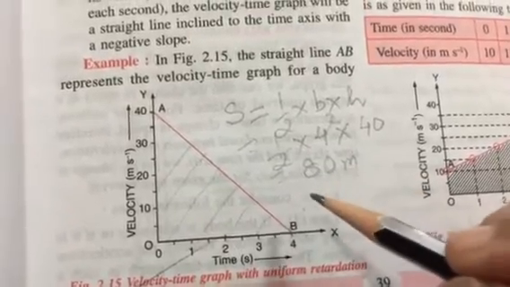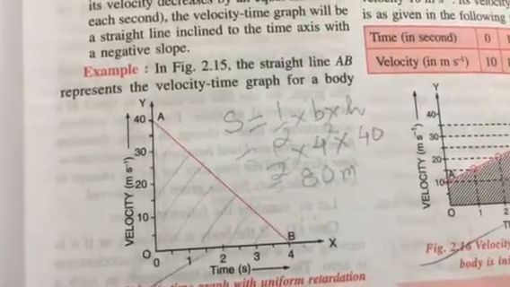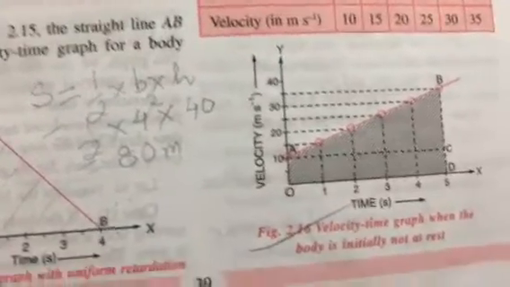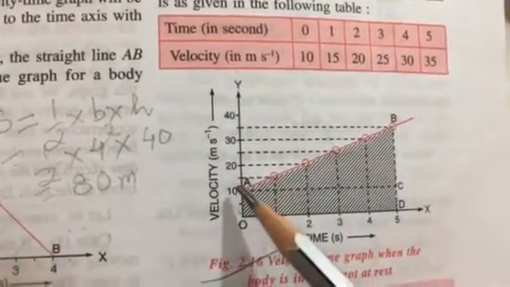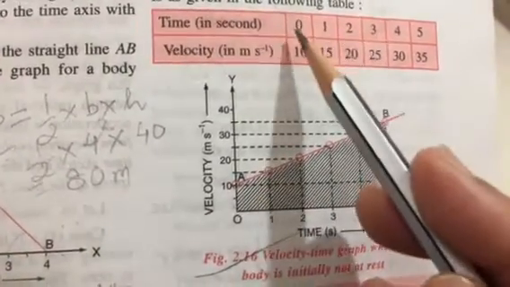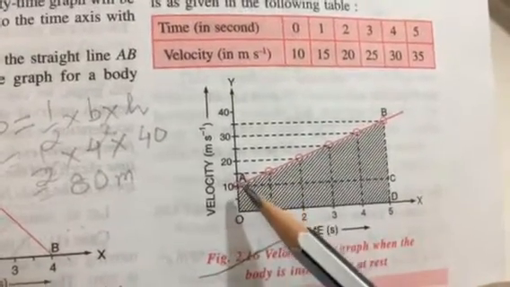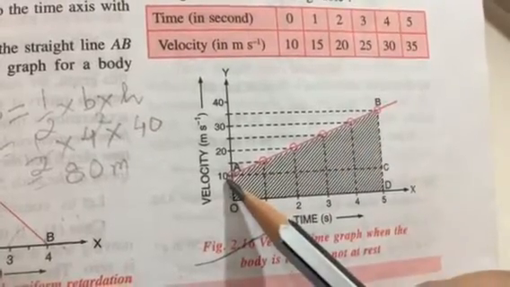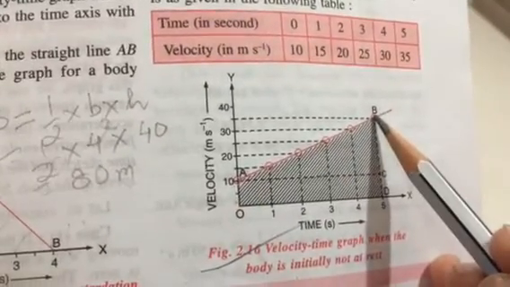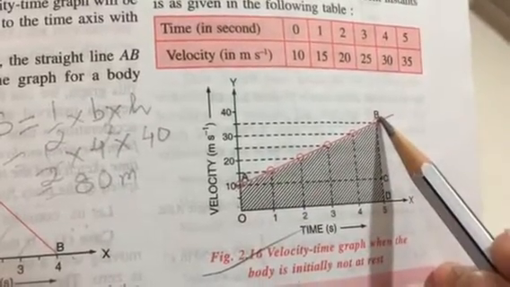Now, be also clear if the object is moving such that the velocity was not zero initially. Let us consider the object at 0 seconds was moving at 10 meter per second and gradually it increased its velocity from 10 meter per second to 35 meter per second. Then this would be the kind of graph we obtain.